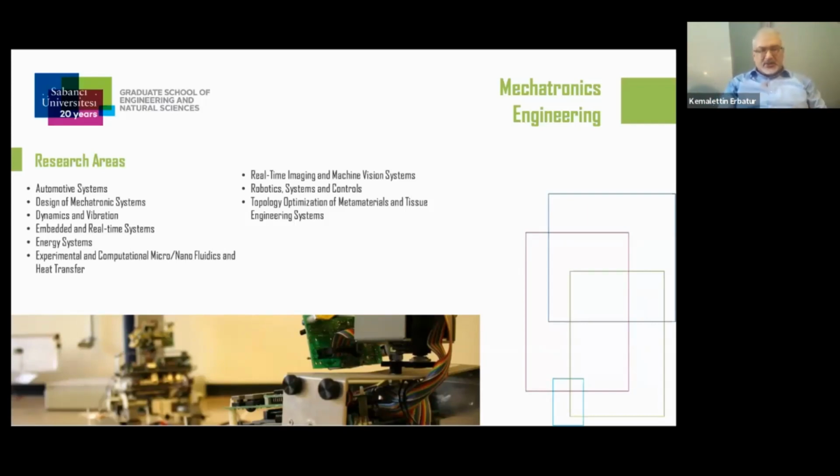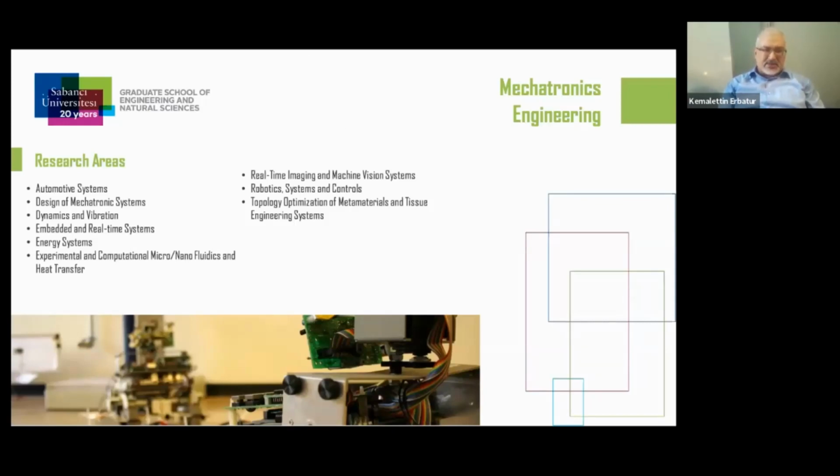We are designing mechatronic systems, of course, from these various angles of control and mechanical design. Dynamics and vibration take an important role. You need a controller to be embedded into a mechatronic product. So embedded systems and real-time systems, as building blocks of our overall mechatronic system, are researched.